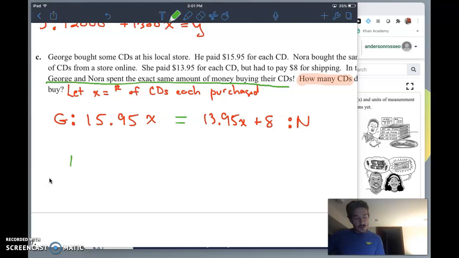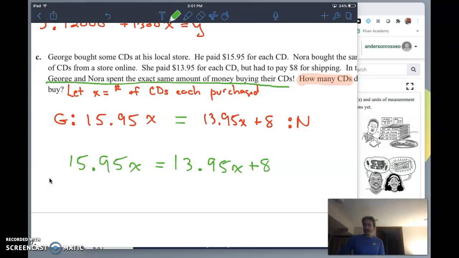And so this is a situation where I could have done this like B, where I set this up and wrote two equations, but I'm going to go ahead and just set these two things equal to each other, because maybe I can get by with just one equation here and do some solving like this.